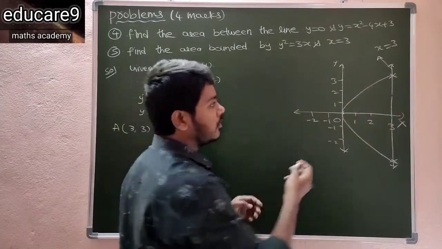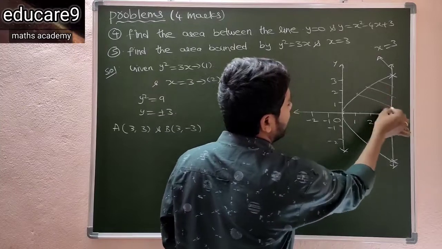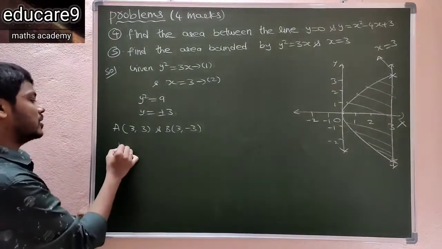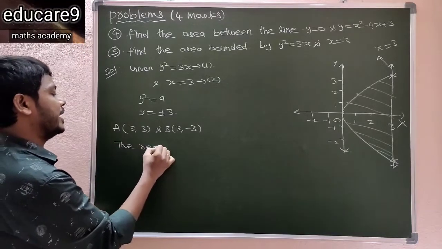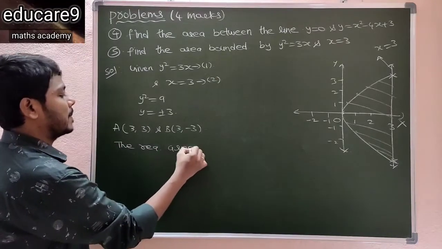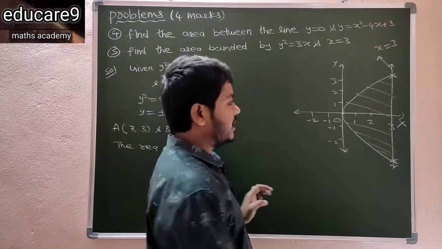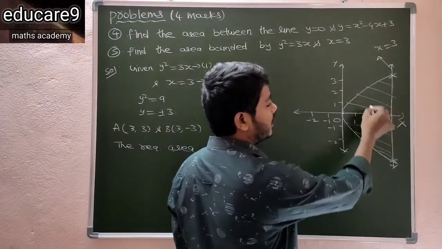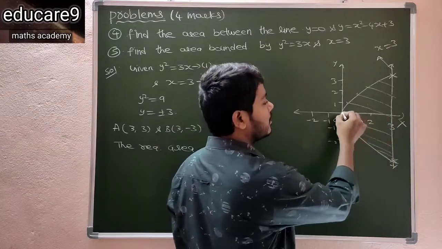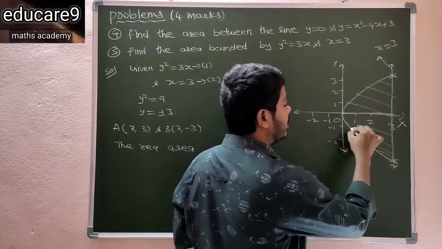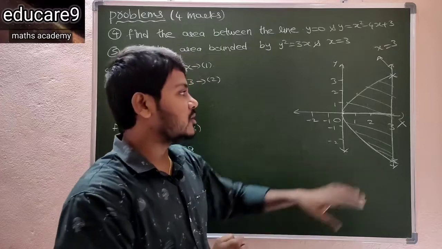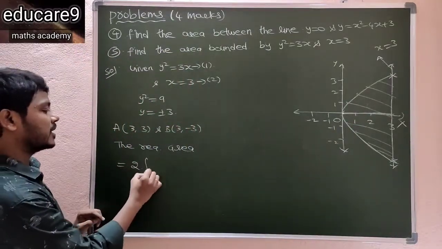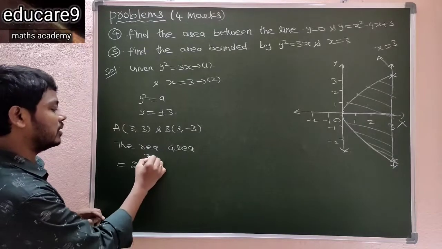Okay. Now you need to find this area. So therefore the required area, so this area. So clearly this is integral 0 to 3. So here both areas are same. Above the x-axis area and below the x-axis area both are same. So this can be written as 2 times of integral 0 to 3.